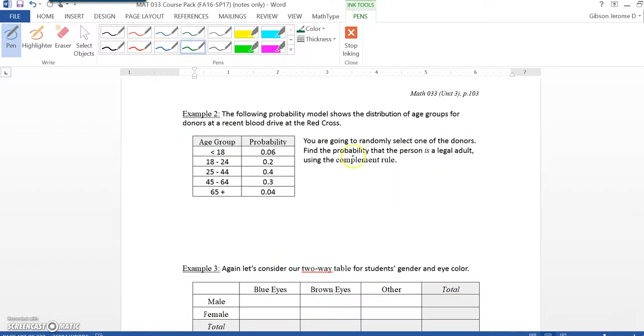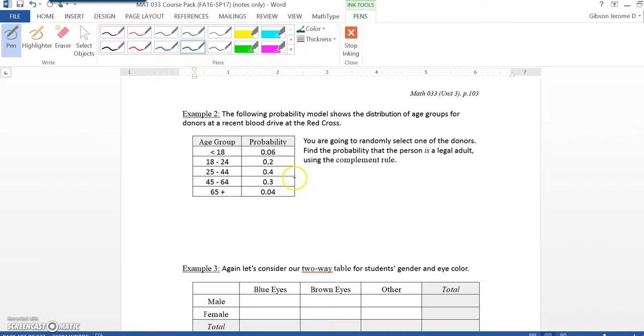Now we move on to example 2. It says the following probability model shows the distribution of age groups for donors at a recent blood drive at the Red Cross. You are going to randomly select one of the donors. Find the probability that the person is a legal adult using the complement rule.